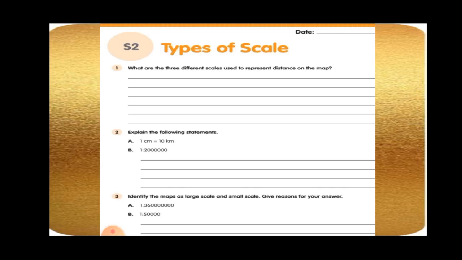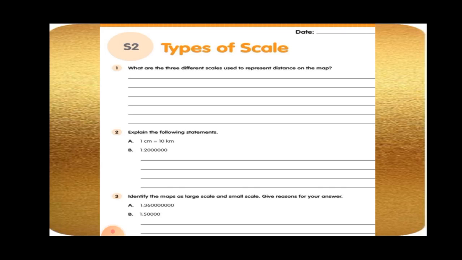Now, question number 2 is explain the following statements: 1 centimeter is equal to 10 kilometer. So, 1 centimeter on the map will represent 10 kilometer on the ground.